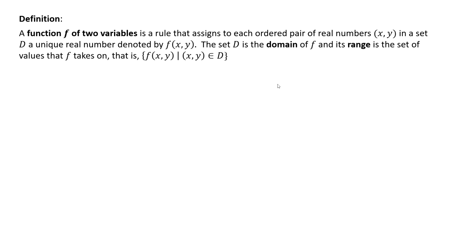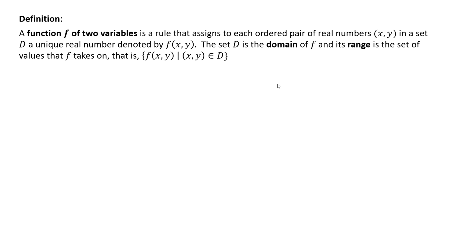For example, can I come up with a simple, ridiculously simple example? Yeah, f of x, y equals x plus y. Would you agree that I have created a function of x and y? Yeah, because in f of x comma y, x and y are the independent variables, and f depends on those values.